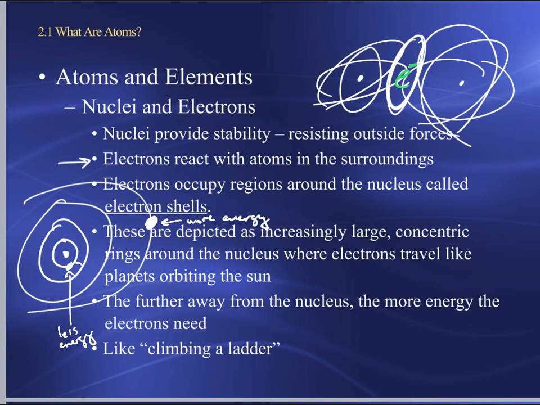To move from one step up to the next, you need to put energy into that electron, a bunch more energy into the electron. There's no middle rung. You either make it to the next step or you don't. These things exist in a shell. They don't exist in a half shell, somewhere in the middle. They're either on it or they're falling back down to these lower energy states.